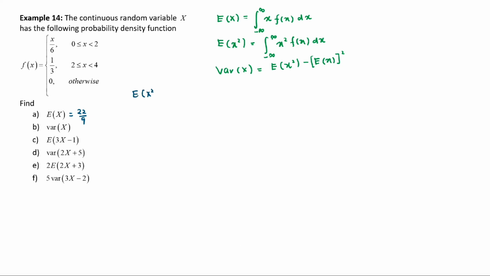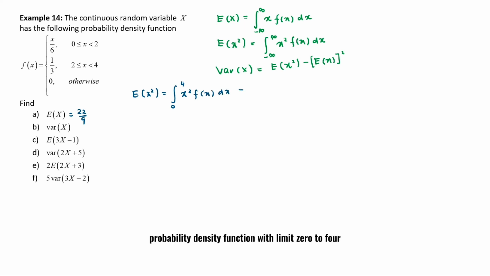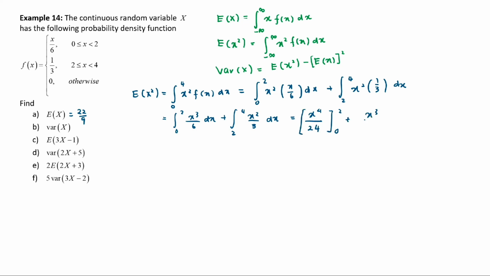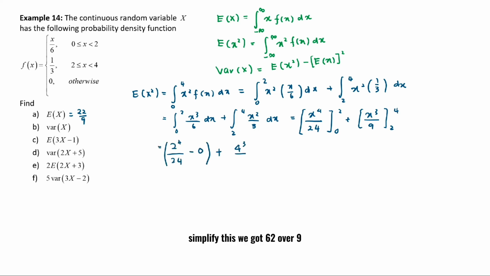The expectation of x square is equal to the integral of x square times probability density function with limit 0 to 4. Simplifying this, we got 62 over 9.